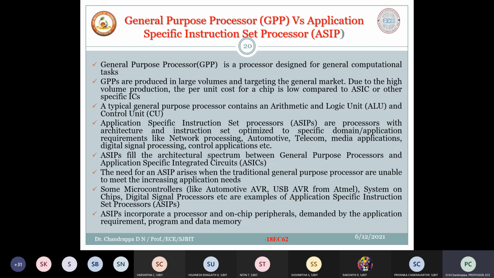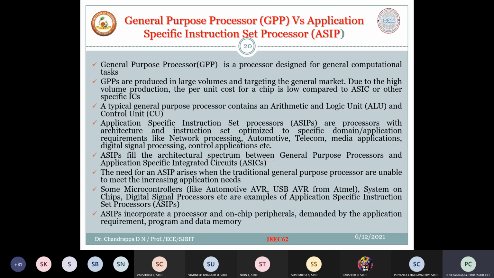Okay, and these are some specific purposes. We are going to use some kind of microcontroller or maybe some kind of microprocessor. Many different types of microprocessors and microcontrollers are available.